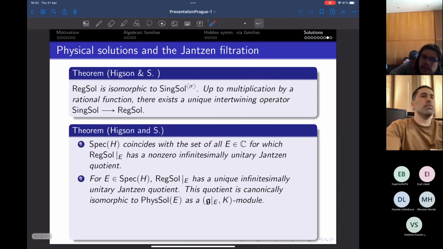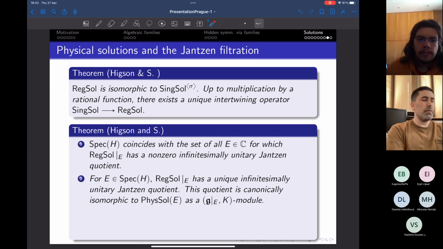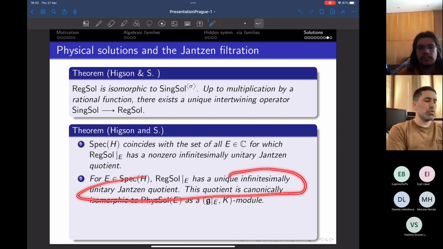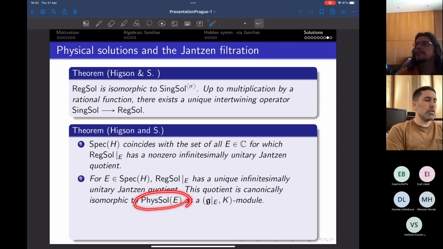The second statement is that you want to recover the solution space, the physical solutions. If you take such a number in the spectrum, a real energy, then it has a unique infinitesimally unitary Jantzen quotient. And this quotient is canonically isomorphic to those solutions that the physicists obtained, as a classical (G, K) module.